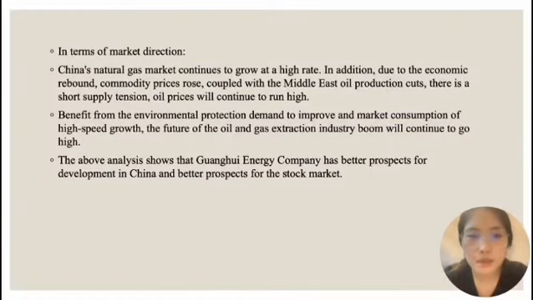Benefiting from the environmental production demand to improve and marked consumption of high-speed growth, the future of the oil and gas extraction industry boom will continue to go high. The above analysis shows that Guanghui Energy Company has better prospects for development in China and better prospects for the stock market.